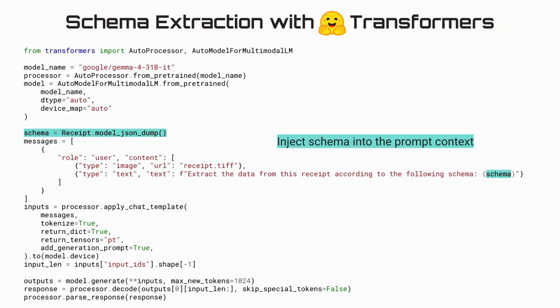On that line, I'm dumping the schema, and that creates a JSON schema. Then we're just injecting it into the prompt. Most of the models that I have tried are able to understand that pretty well, and it has all the contextual information so they actually know what each field means.